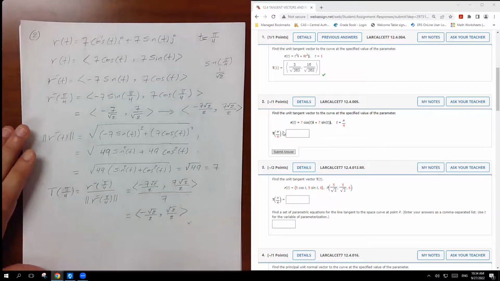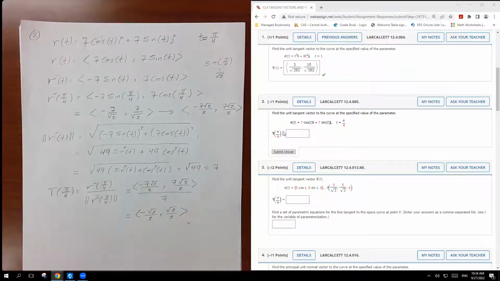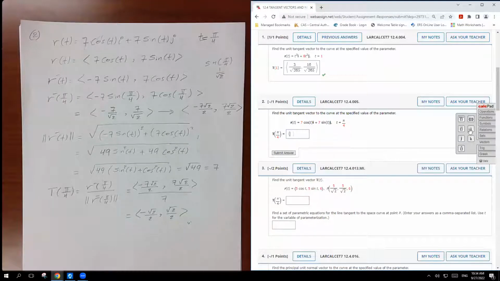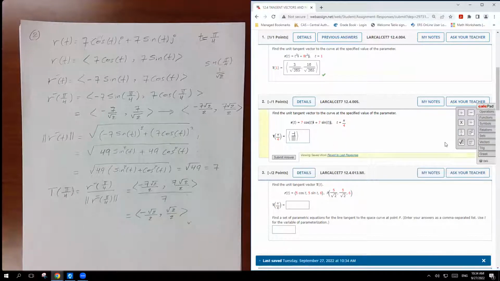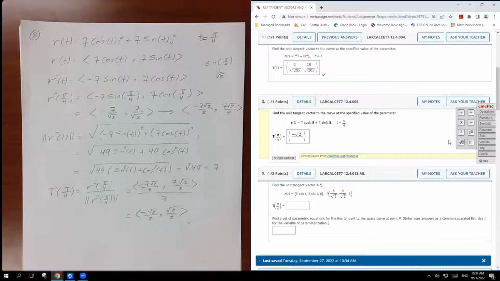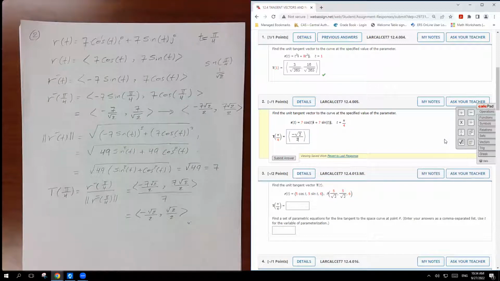You can write this down. So that's what we got. Let's check that. We're just going to type this one: negative square root of 2 divided by 2, and comma, another fraction, square root of 2 divided by 2.